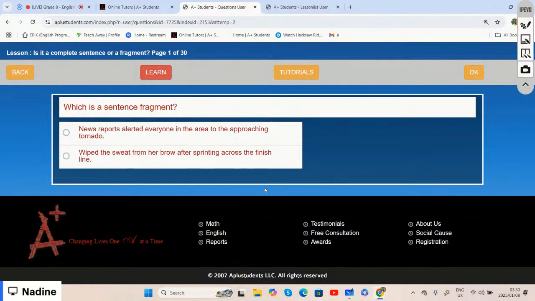We need to select the sentence fragment. Is it option one or option two?